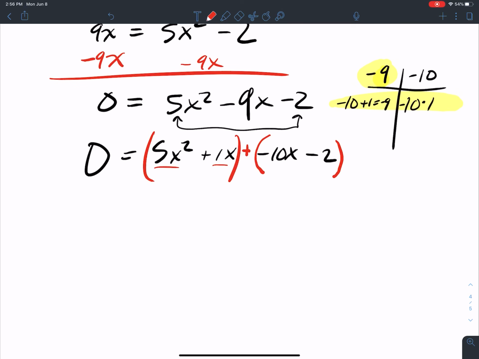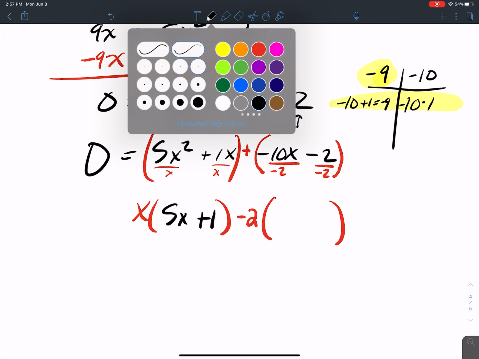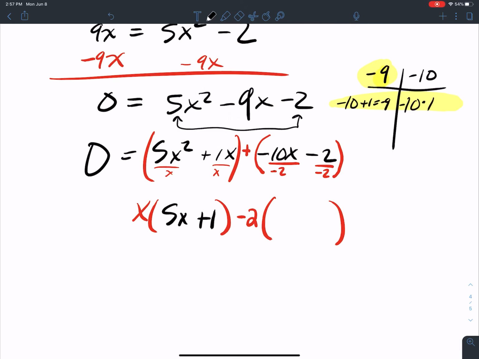What comes out of both of those? I can pull an x out of both. And so if I pull an x out of both, I have 5x plus 1. And then here, what can I pull out? Well, I want it to look like 5x, right? What do I pull out of negative 10 to make it 5? I pull a negative 2 out. So I pull a negative 2 out, and a negative and a negative make a positive. 10 divided by 2 is 5.